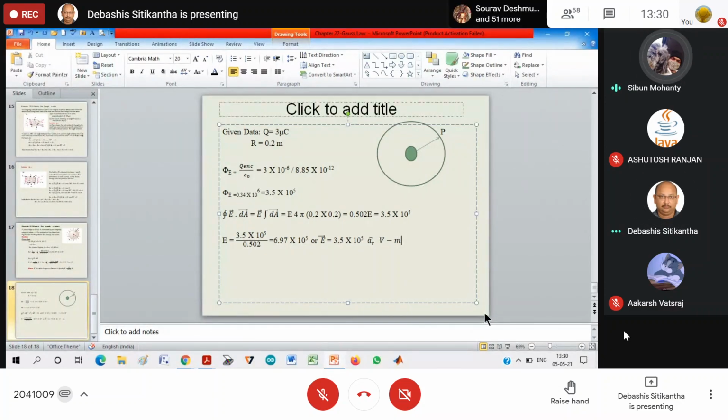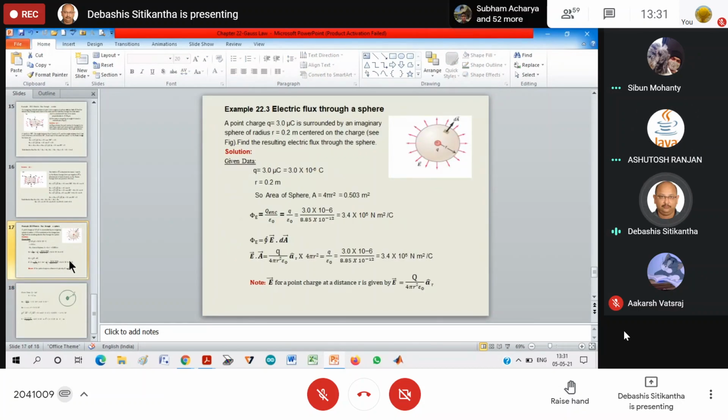Yes. If we take Q by 4 pi epsilon r square, the answer is different. If I take that, it comes out different. Sir, you have taken an approximation, 0.34 taken as 3.5. Let me see. It is coming 3.4 into 10 to the power 5.